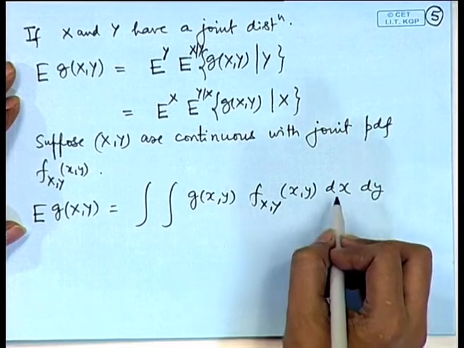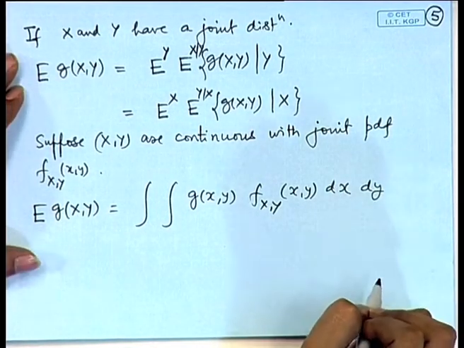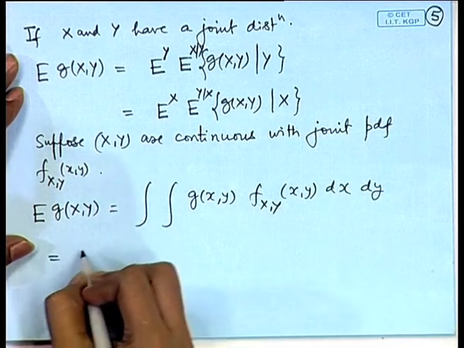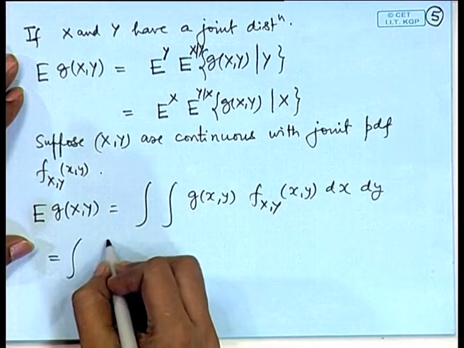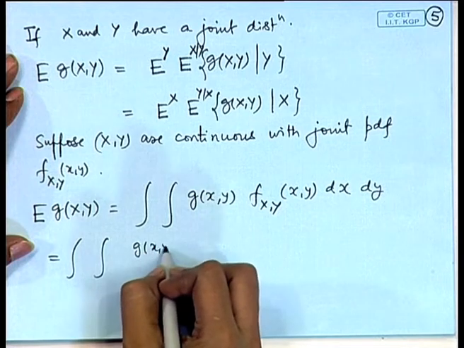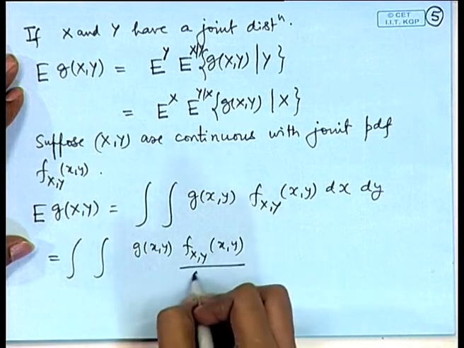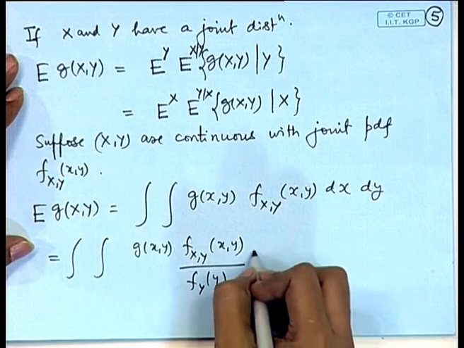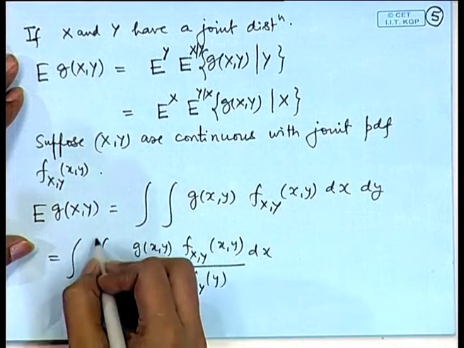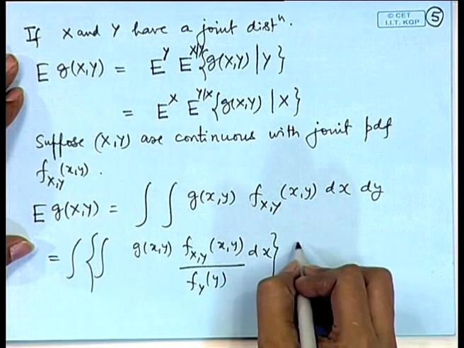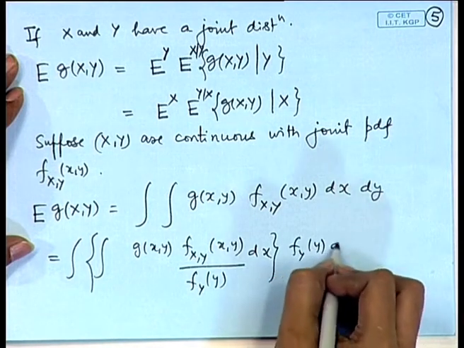Suppose we keep the order of integration as dx dy. Then this we can express as the integral of g x y f x y divided by f y, multiplied by f y dy.